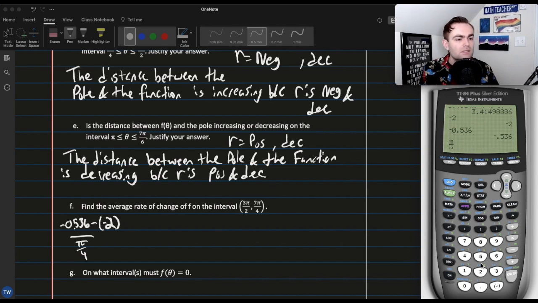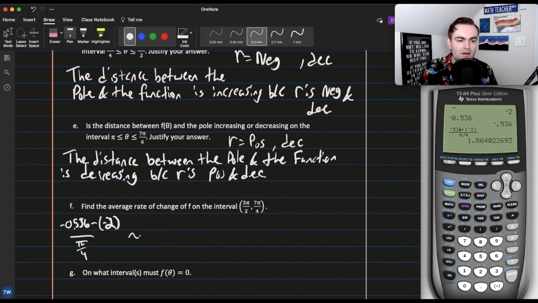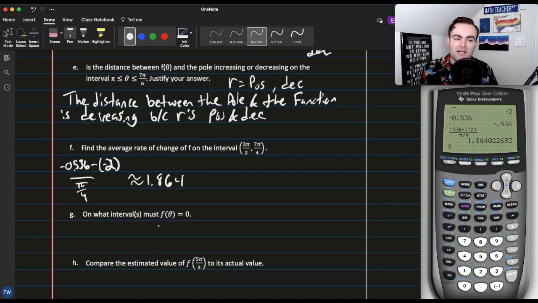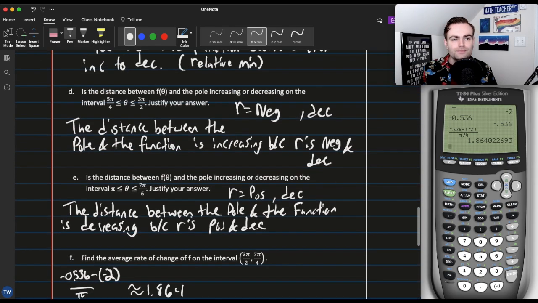Negative 0.536 minus negative 2, all over pi over 4, and we get about 1.864. Very cool.